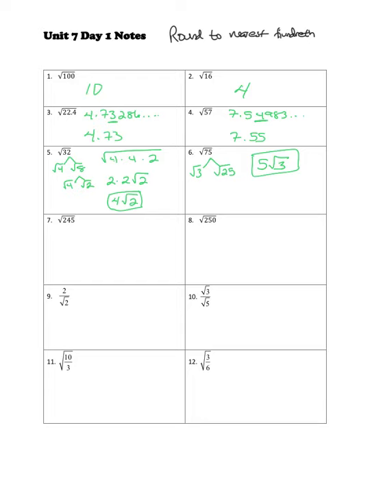We know it's not going to be 1 or 9. Let's divide by 5. When in doubt, do the simple things. 245 divided by 5 is 49. Hey, we have a square. What's the square root of 49? It's 7. So the square root of 245 is 7 times the square root of 5.